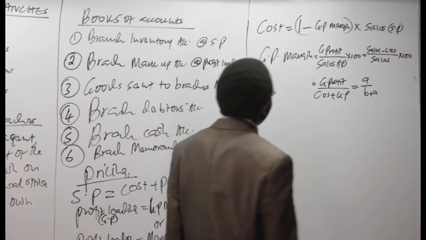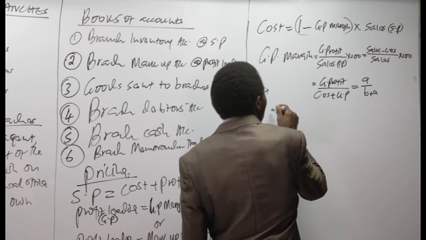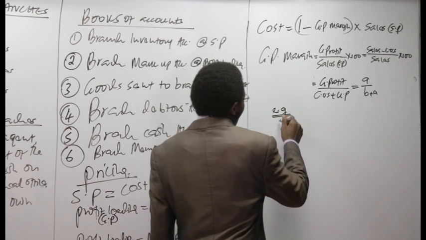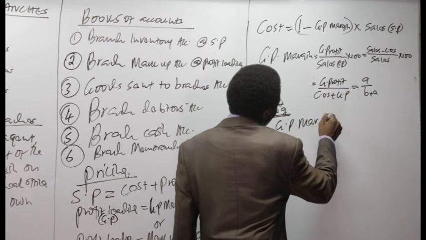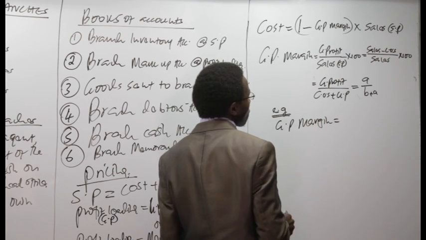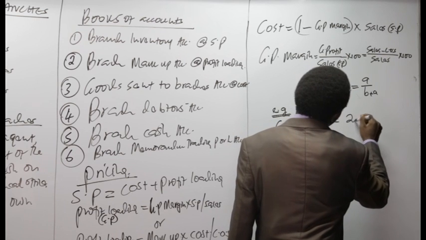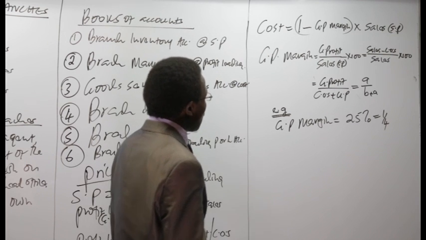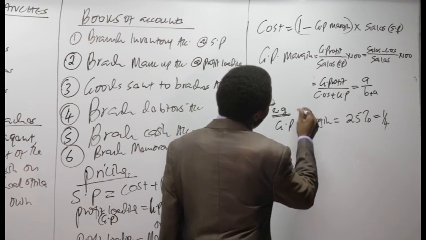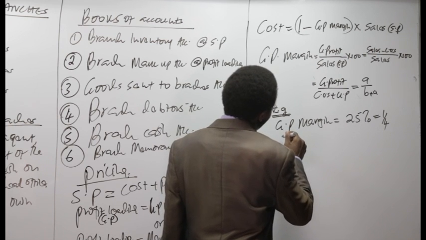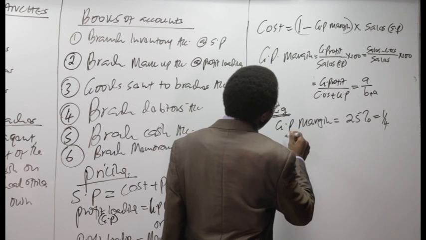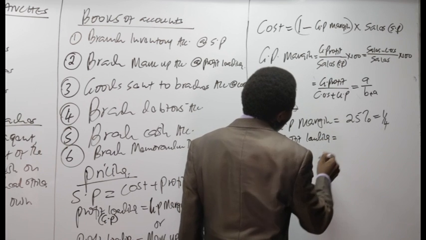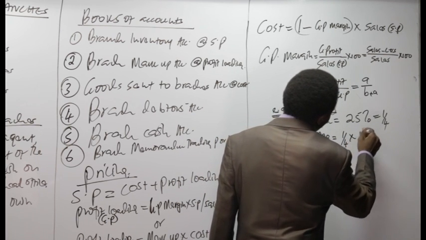So, for example, if our gross profit margin is 25%, the same as a quarter, then our profit loading will definitely be a quarter multiplied by the selling price.